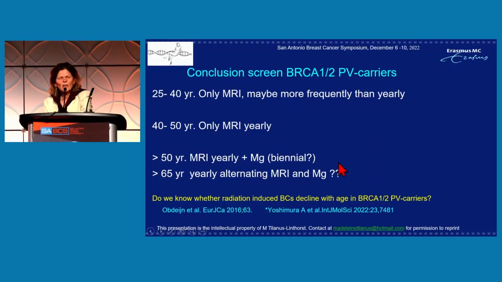Because do we know whether radiation-induced breast cancers decline with age in BRCA1 and 2 PV carriers who have a hampered repair mechanism for DNA damage, which may be caused by the radiation, and that hampered mechanism doesn't improve with age, while the incidence goes on with age. And we can find that very well explained in this recent study from Yoshimura et al.